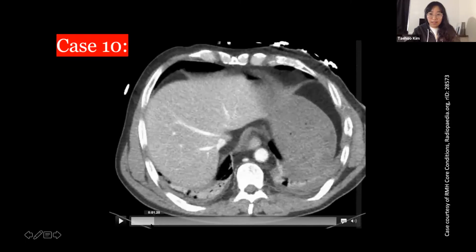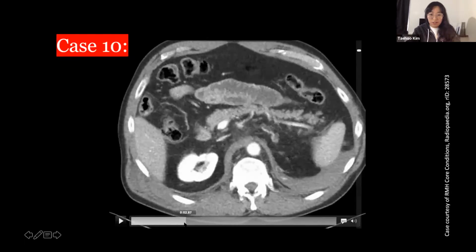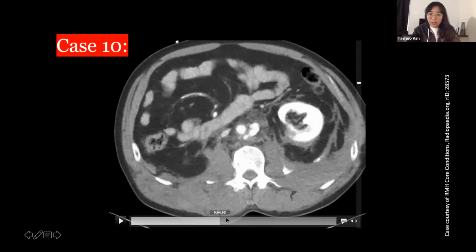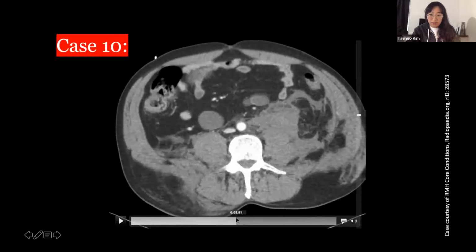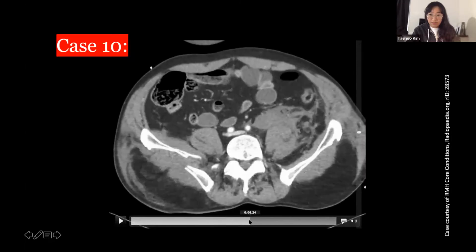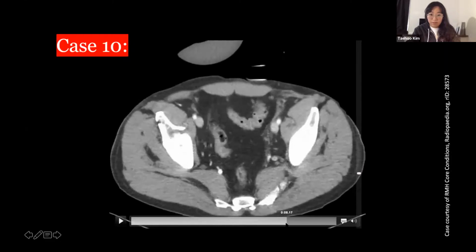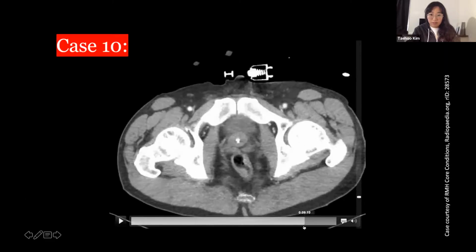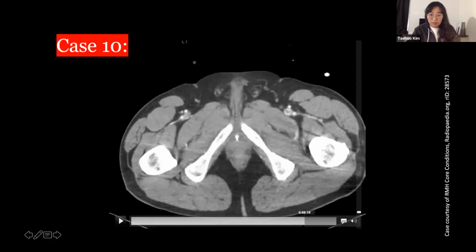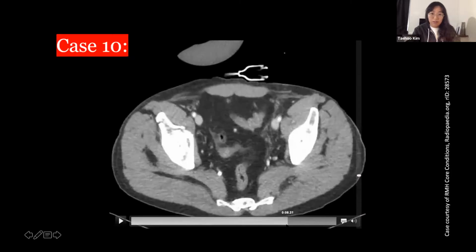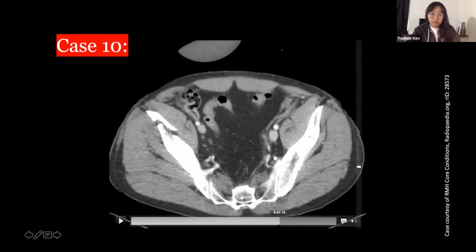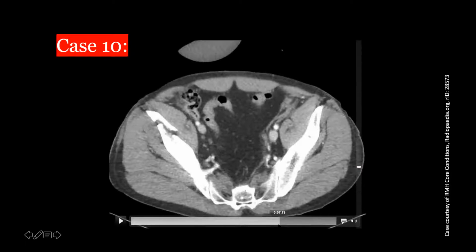I'm sure it's a bit lagging on your computers, but I'll go back down to show you. If anyone knows the answer, just shout it out. Again, we see a lot of blood. If I stop here, do you see it?